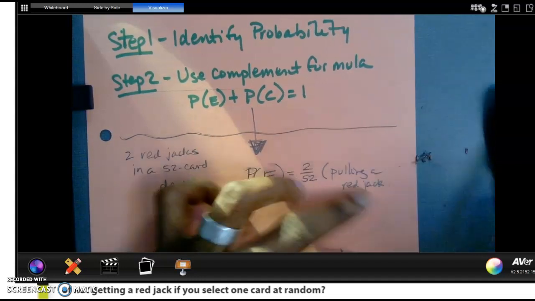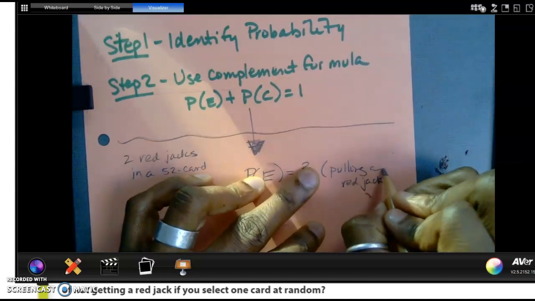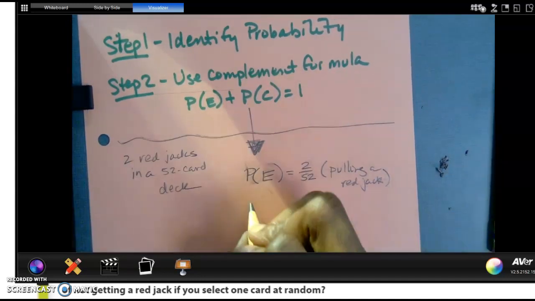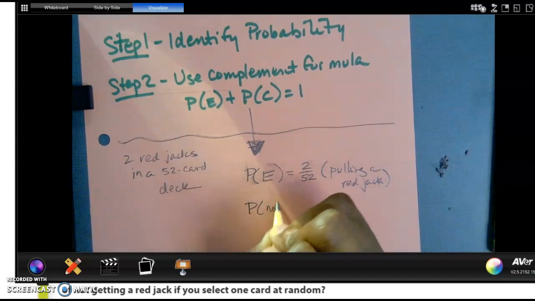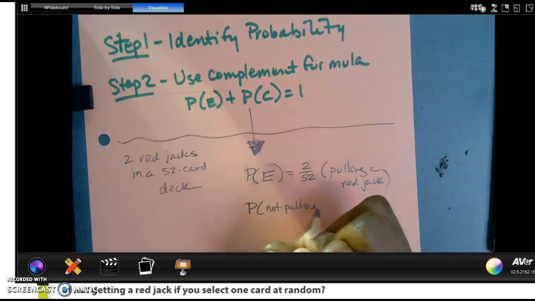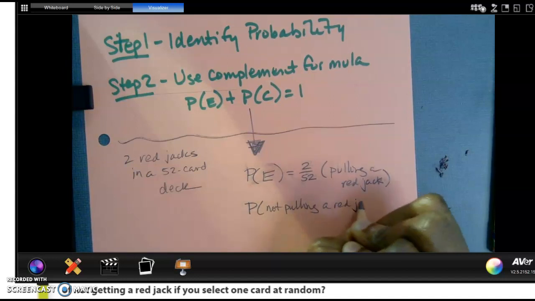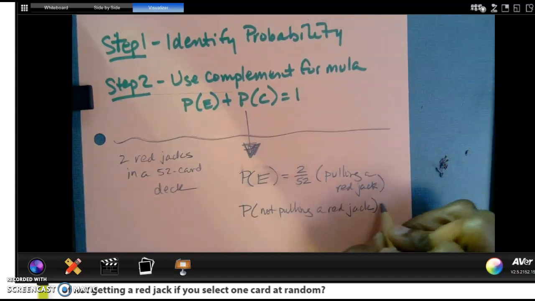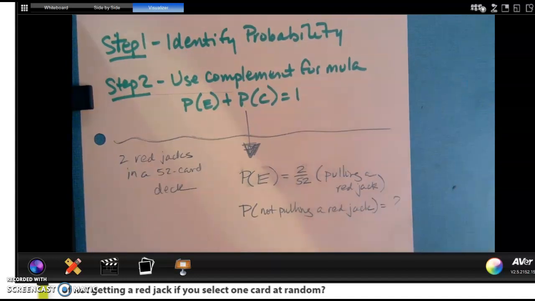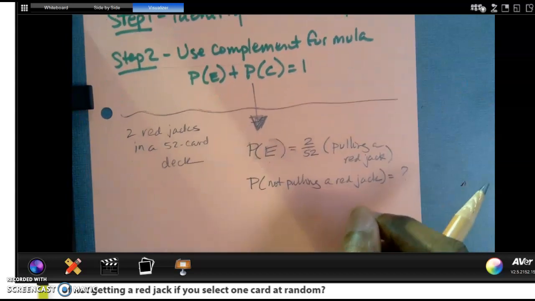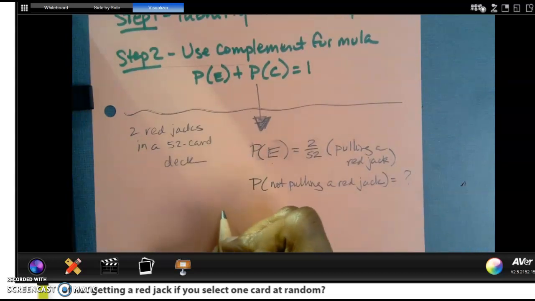Now my complement, not pulling a red jack, is at this moment my unknown value. So I'm going to mirror this.